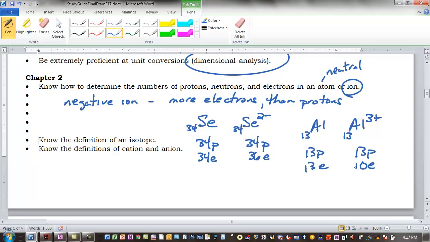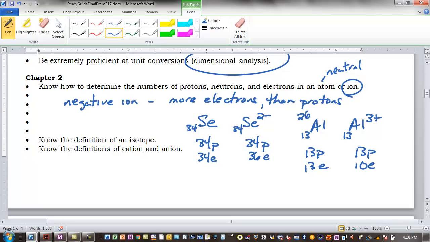Yes? Well, neutrons, you would have to have the mass number, and that will depend on the next thing on the list, isotope. Isotopes of an atom have the same protons, obviously, the same atom, but they have different neutrons. So you would have to be given, I could say something like, you have aluminum 26.